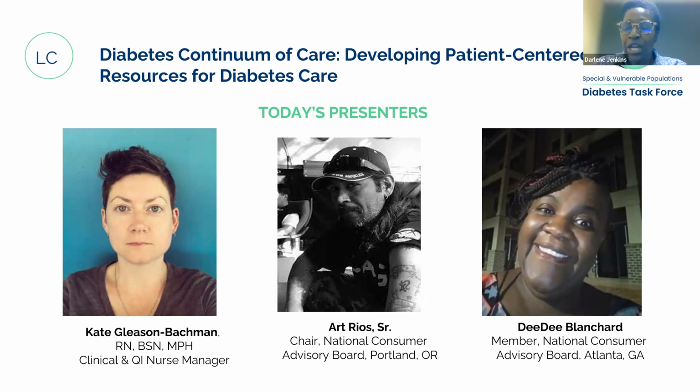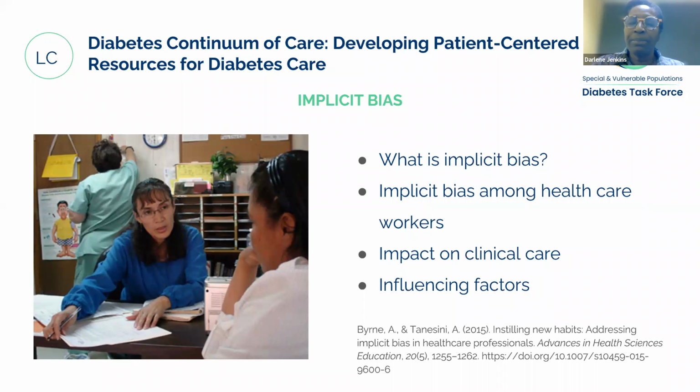Art is the chair of the National Consumer Advisory Board, and Art is located in Portland, Oregon. I should have mentioned that Kate is located in Philadelphia, Pennsylvania. And then we have Dee Dee Blanchard, and you heard Dee Dee introduce herself earlier. Dee Dee is also a member of the National Consumer Advisory Board, and she is located in Atlanta, Georgia. So with those introductions, I'm going to turn it over to Kate and have her talk a little bit to you about implicit bias. Kate?